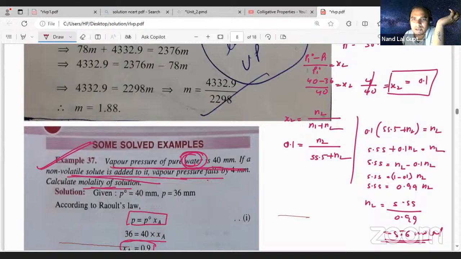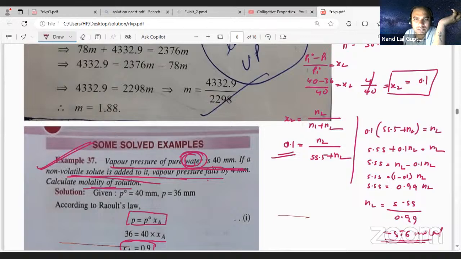Here, up to mole fraction there is no problem. But here is x2. Whenever we are writing x2, it will be n2. If the non-volatile solute is added, calculate the molality.